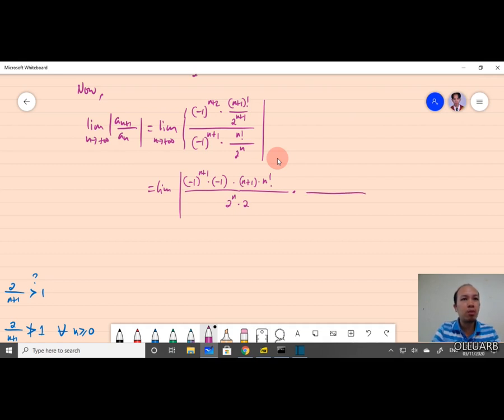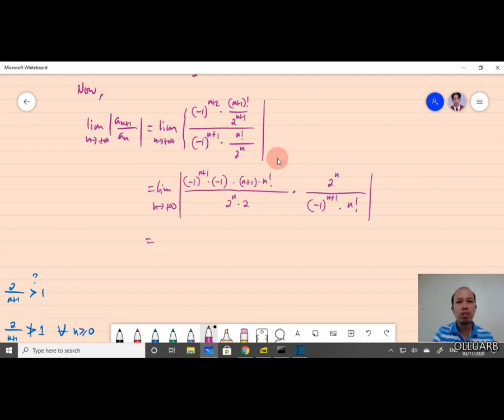So you have to take the reciprocal of the denominator. So we have 2 to the n over negative 1 to the n plus 1 times n factorial as n approaches positive infinity.